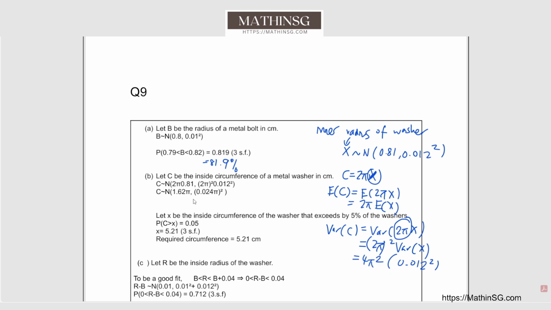So therefore, this is how I got it, and if I want to write it, I can write this as 2 pi times 0.012 squared, which is the same as 0.024 pi squared. Okay, so this is the variance of the circumference, and because the question asks for the distribution of the circumference of the metal washer, this is the answer here.